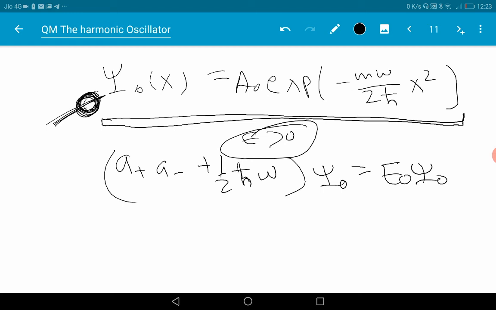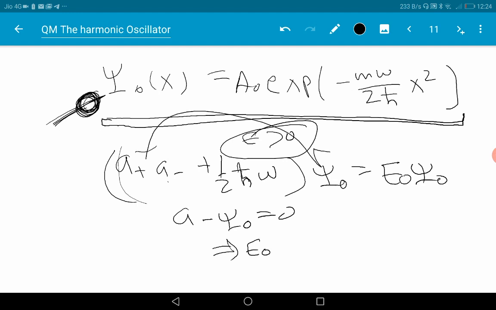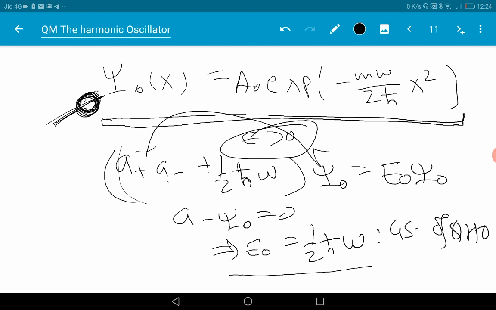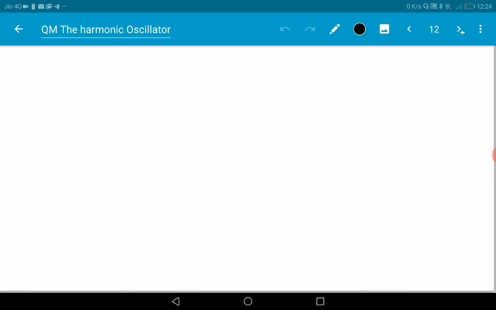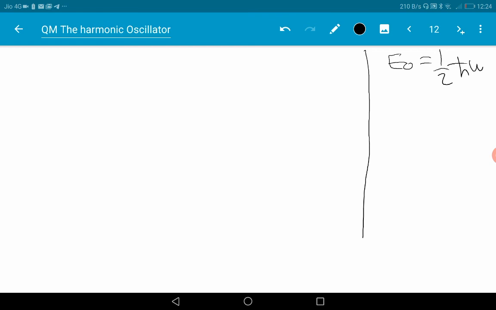We know that a minus psi naught is 0, so this part becomes 0 after multiplying with psi naught. What we essentially get at the end is E naught equals half h cross omega, which corresponds to the ground state of the quantum harmonic oscillator. So the ground state energy E naught is half h cross omega.